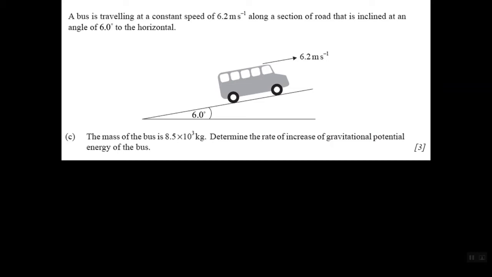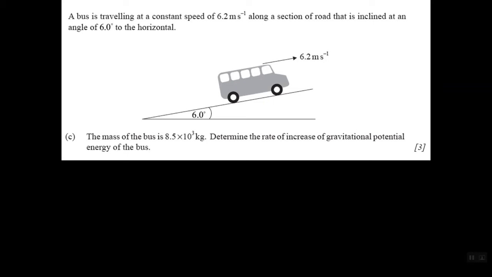C. The mass of the bus is 8.5 times 10 to the 3 kilogram or 8,500 kilogram. Determine the rate of increase of gravitational potential energy of the bus. The question is asking the power, right? The output power actually when the bus reaches the position after a second.